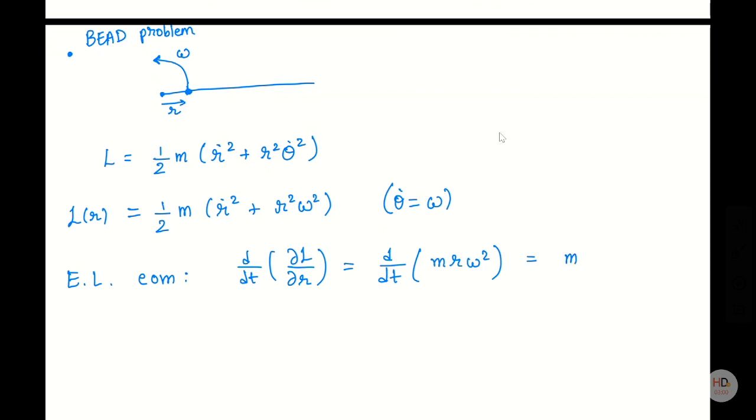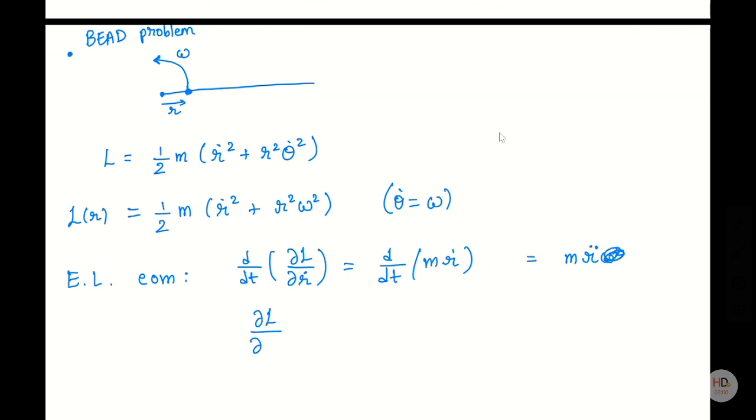Which is m r dot omega square. And oh wait, it should be r dot, right? So this is m times r dot, which is just m r double dot.